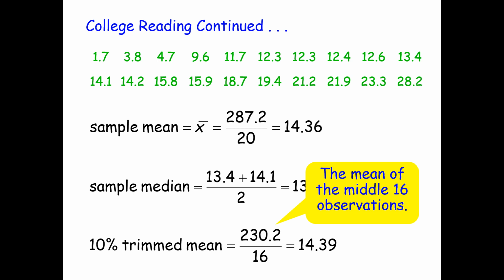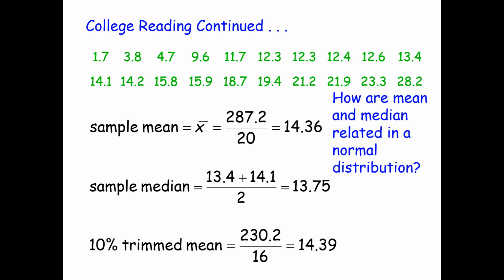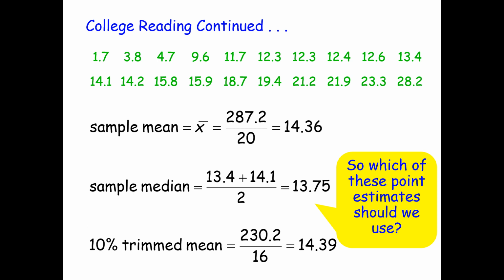Now remember, this is going to be the mean of the middle 16 observations because we're taking off the 2 lowest and the 2 highest. So, how are mean and median related in a normal distribution? So which of these point estimates should we use?